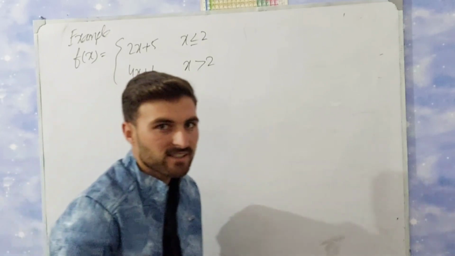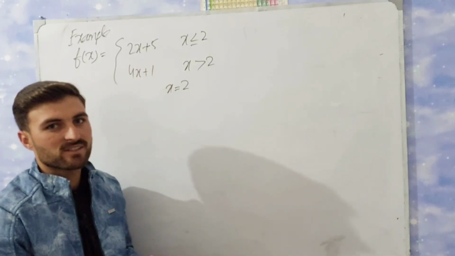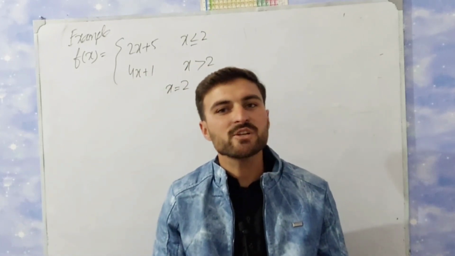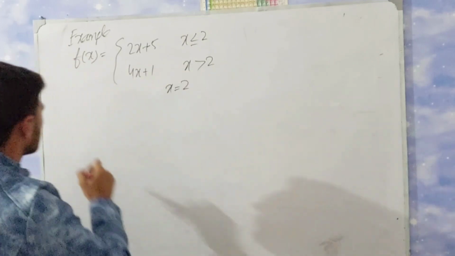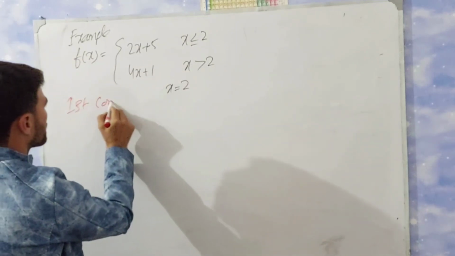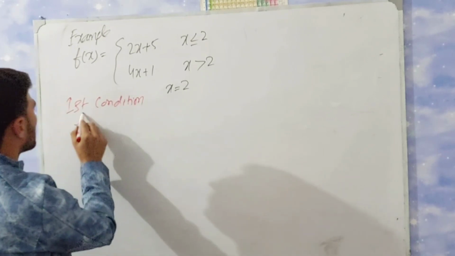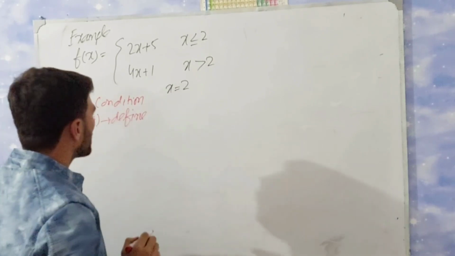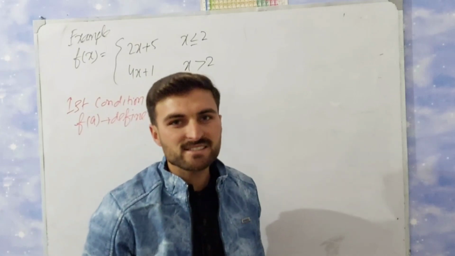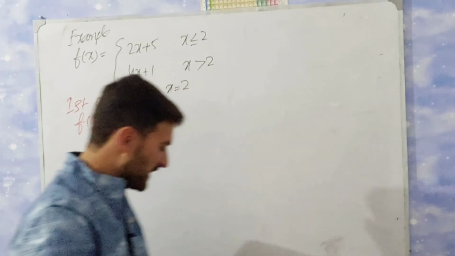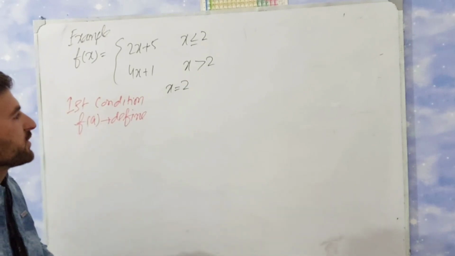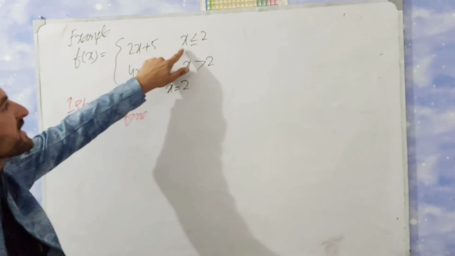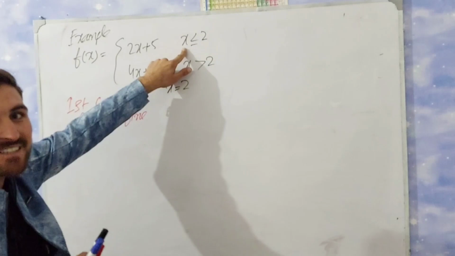So let's try the first condition. We have to find out whether the function is continuous or not. The first condition is that f of a should be defined. If f of a is undefined, then the function is discontinuous. Here we put the direct value, which is 2. For the direct value we need to take this expression, because x is less than or equal to 2, so x can be equal to 2.